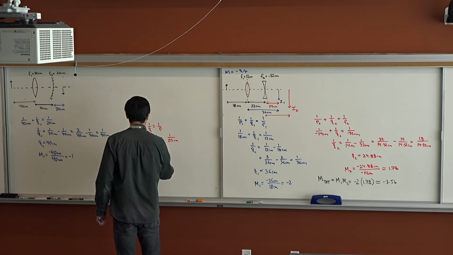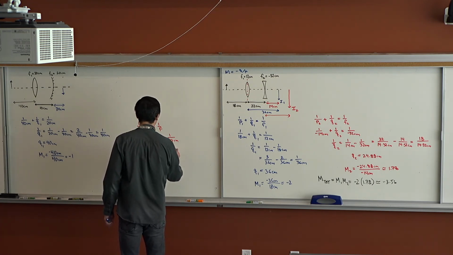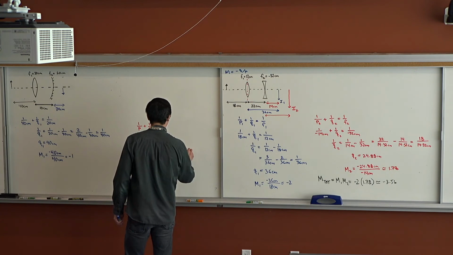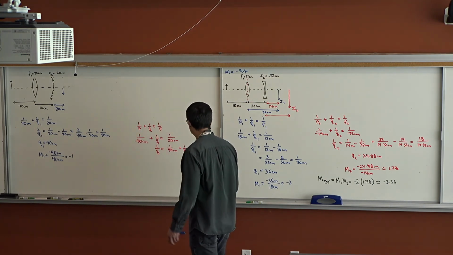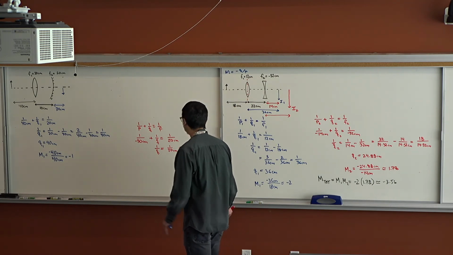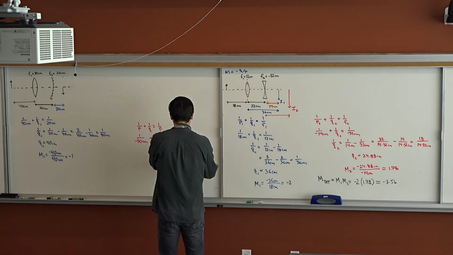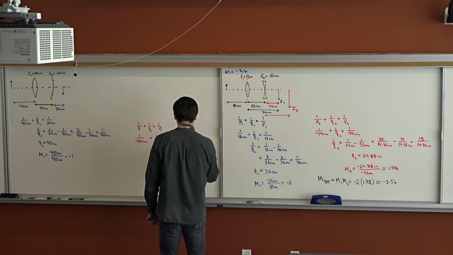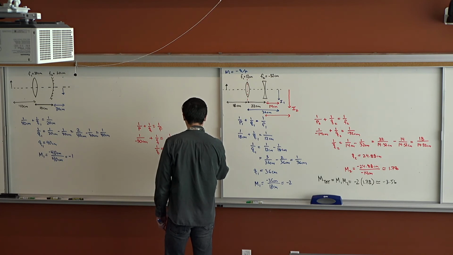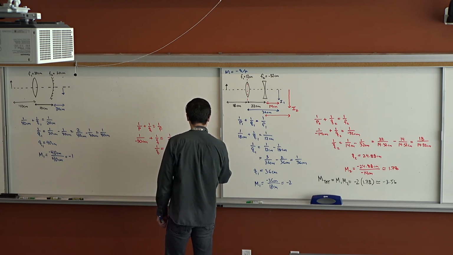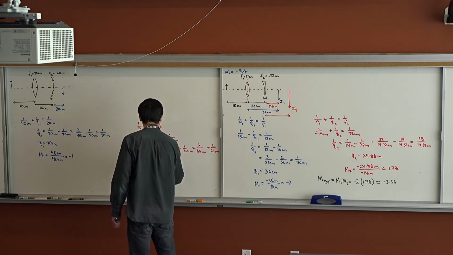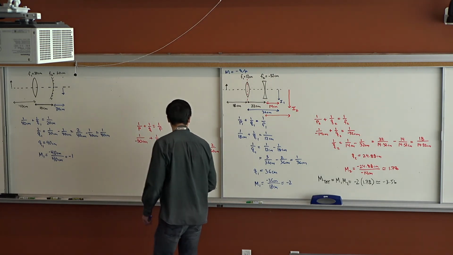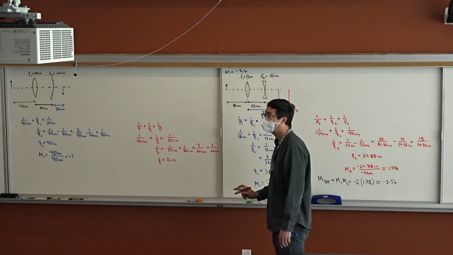We get that 1 over Q is 1 over 20 centimeters plus 1 over 30 centimeters. I'm going to put these both over 60. So 3 over 60 centimeters plus 2 over 60 centimeters is 5 over 60. And so Q should be 12, is that right? Yes. Don't let me mess this up. It is. Okay.